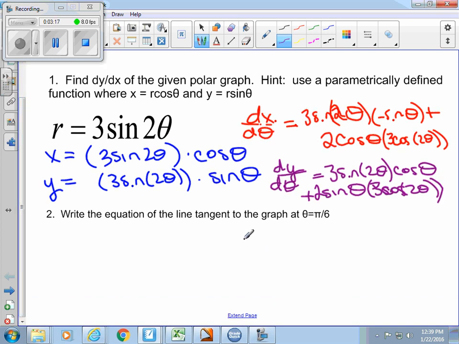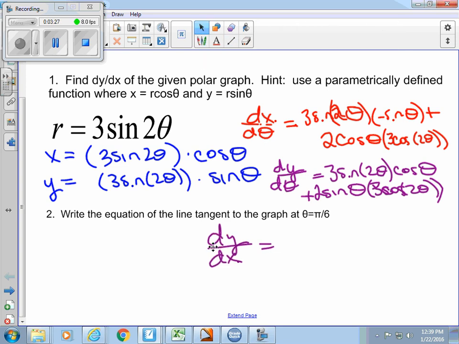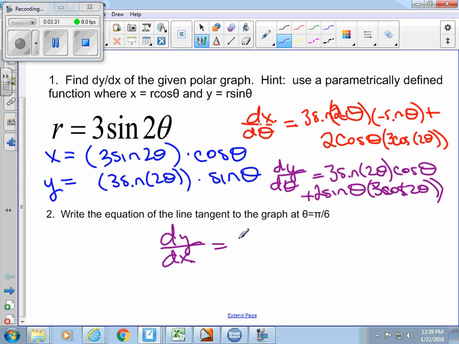So dy over dx, so this is still part A, is, now this is AP. Do I have to simplify anything? No. 3 sine of 2 theta. I may have to match multiple choice answer. I'll cross that bridge when I get there.